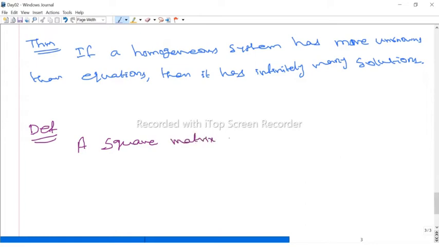So a square matrix A is called symmetric if A and its transpose are equal. Okay, or we say skew symmetric.